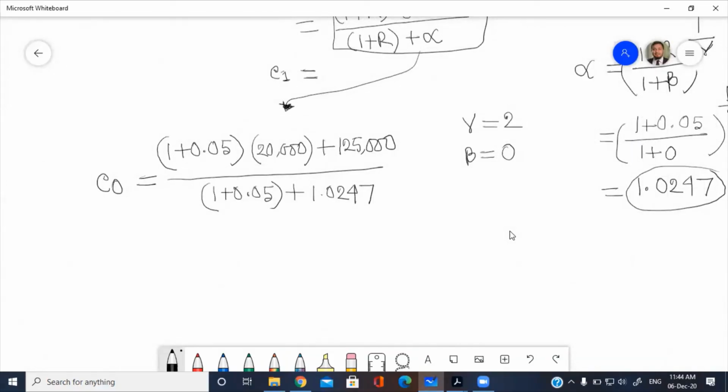Now, if you use your calculator to make this calculation, the calculator will give you this value. Okay. Can you recall what we have written for C1, the future period optimal consumption? Alpha multiplied by C naught.